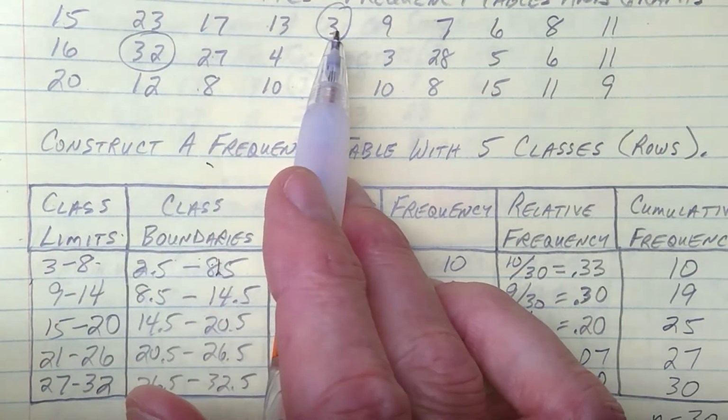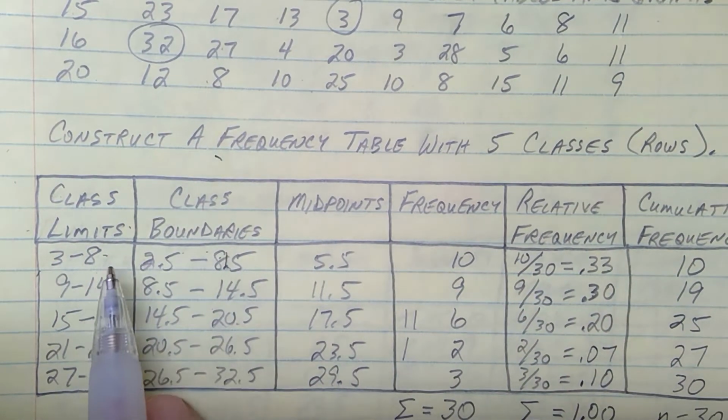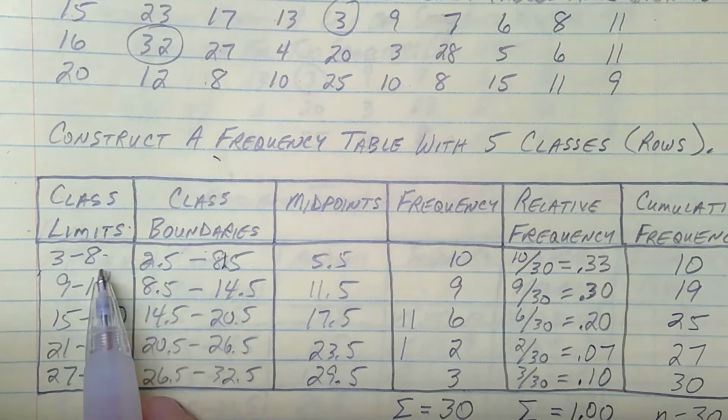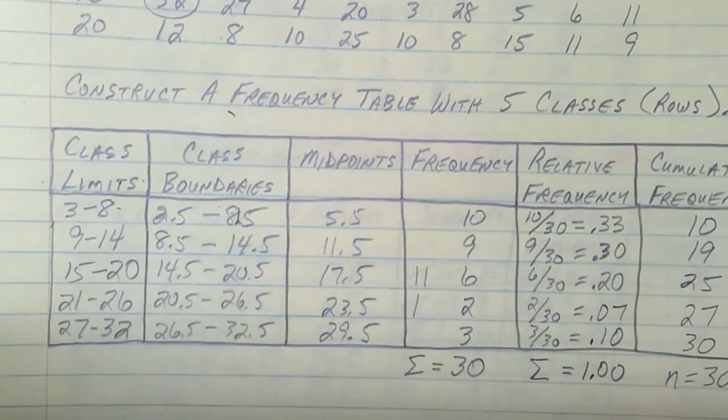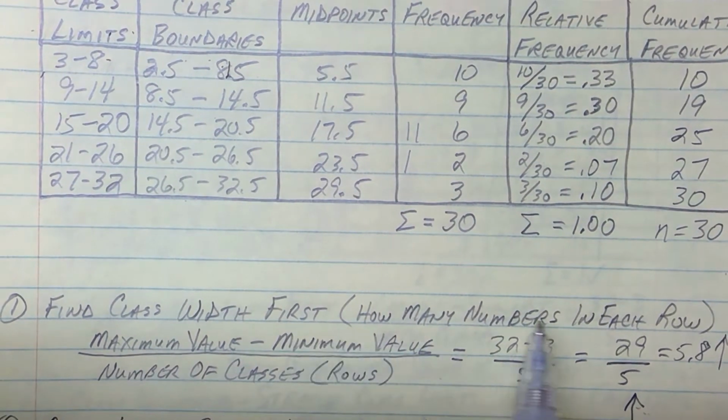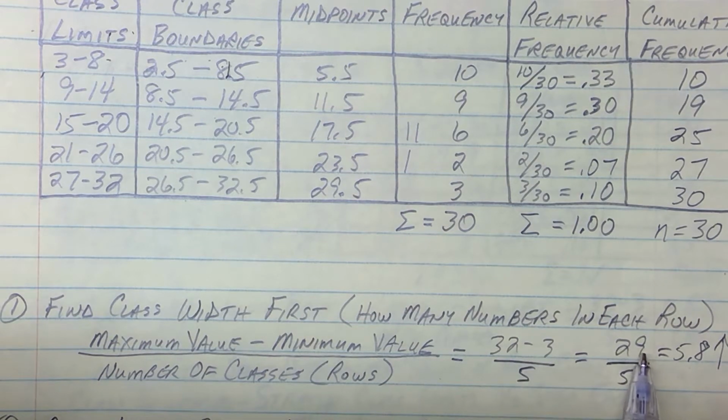So I need to take our range, our 29 numbers, and I need to divide it into 5 equal parts so that the same number of values are represented on each row. So a little note down here is find your class width first, how many numbers you're going to put in each row. So take your max minus your min, our 32 minus our 3, that's 29 numbers.